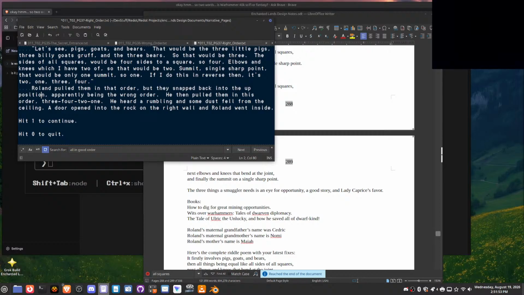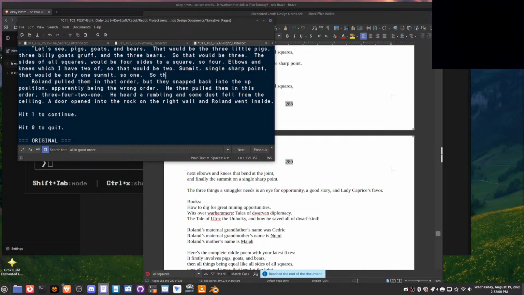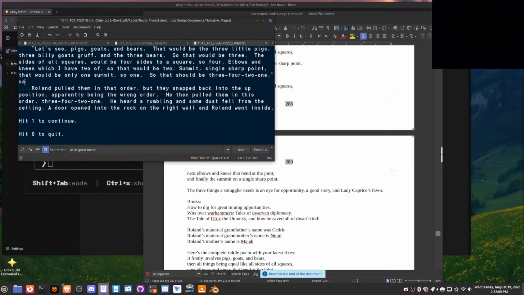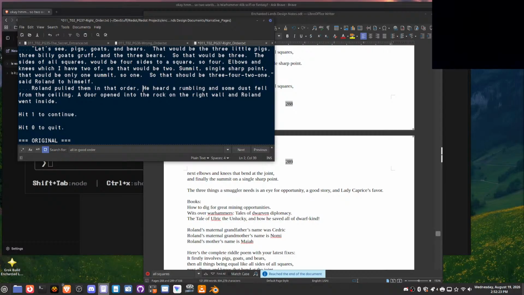Control C. So that should be, say 1 to himself, in that order. He then pulls in that order.